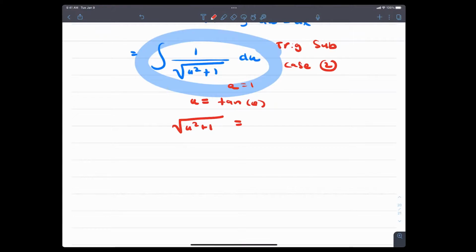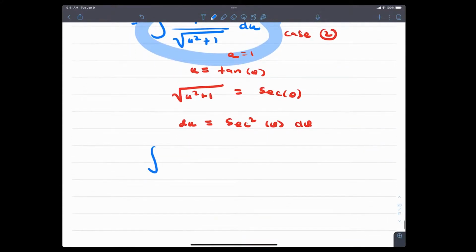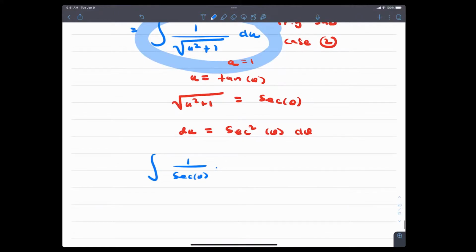It's going to be a what? Is the radical just secant theta? I think so. And then what is du d theta? Ain't that secant squared theta d theta? So by the u substitution here, we get 1 over the radical, that's secant theta, du, is that secant squared theta d theta?